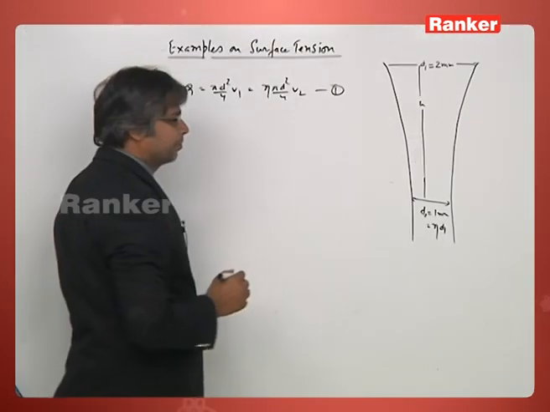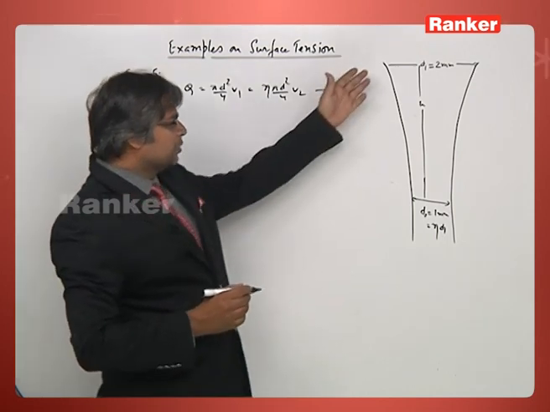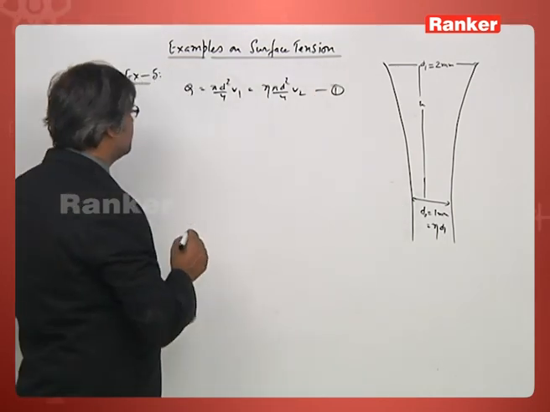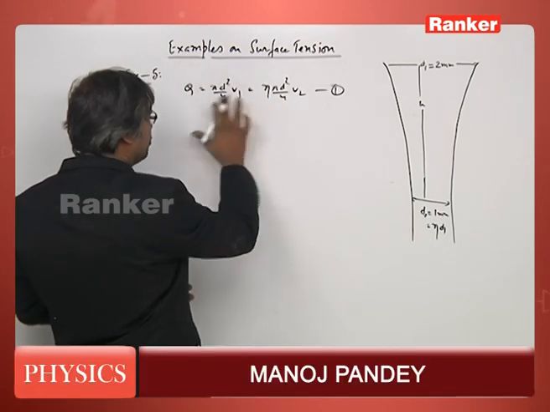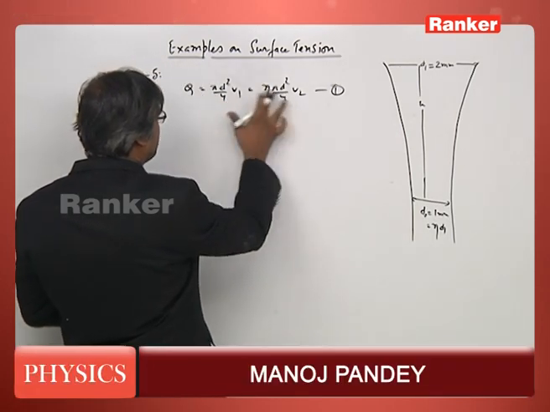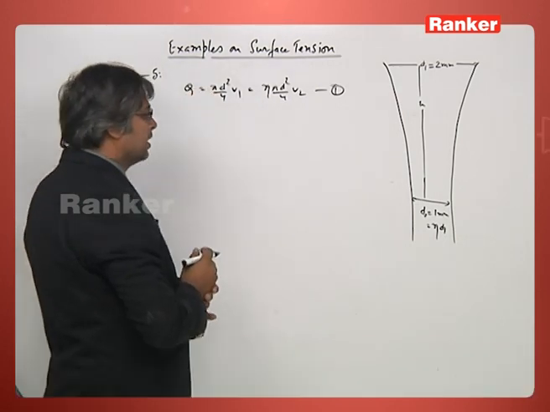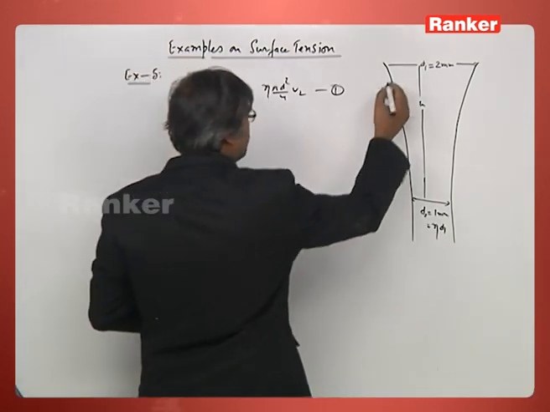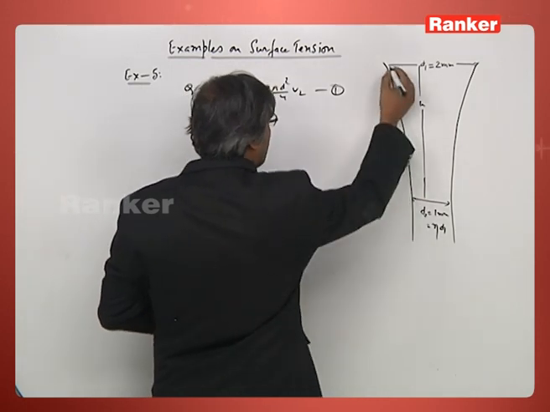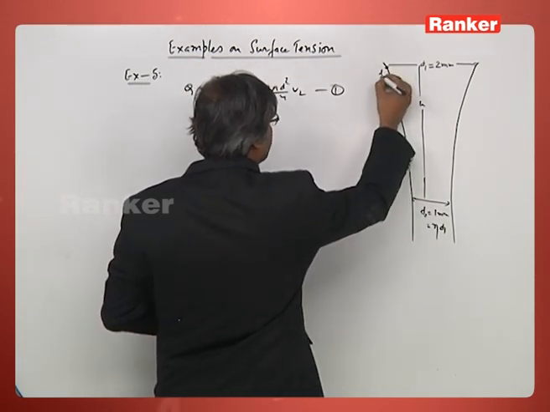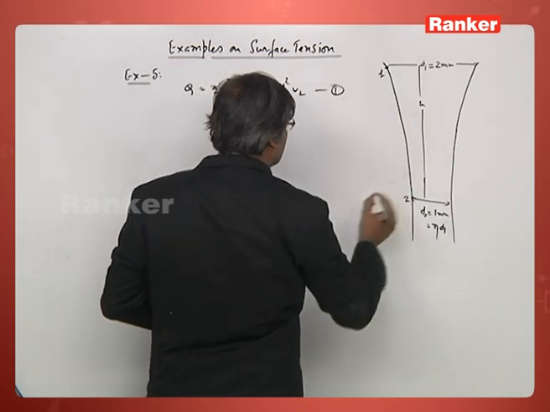That is equation number 1. Next, we can use the continuity equation also, that is the same discharge. So this equation is also the continuity, and I have to write V1 and V2 in terms of discharge.